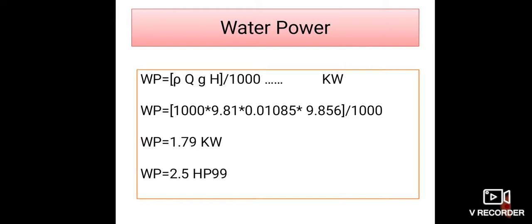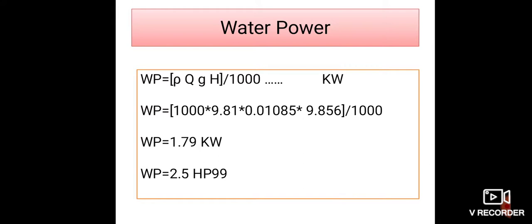How do we find water power? We get this formula directly: rho Q g H upon 1000. Rho is nothing but 1000, the density, because normally sugar cane juice has 98% water content, so we take 1000 density. Don't get confused that we did not use water but sugar cane juice, so how is this 1000? For better understanding, we take 1000, then 9.81 gravitational acceleration, then discharge, then manometric head, again in meter, not in feet.